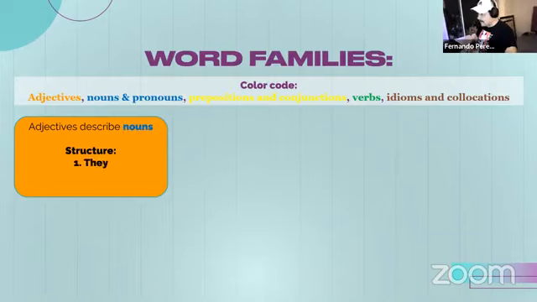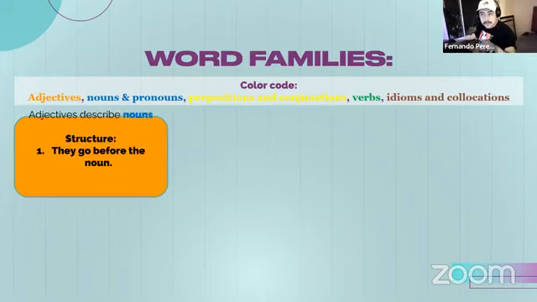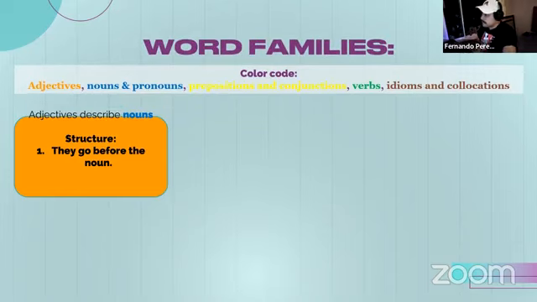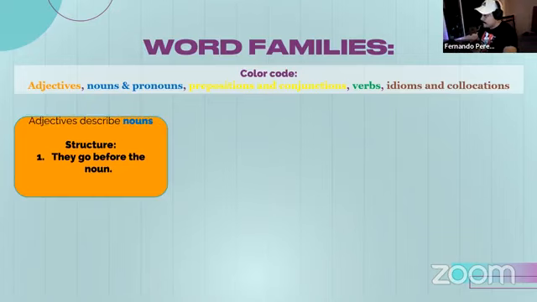Number one, they go before the noun, which is correct, but they also go after another component in the list. Which one? There is another position for adjectives.